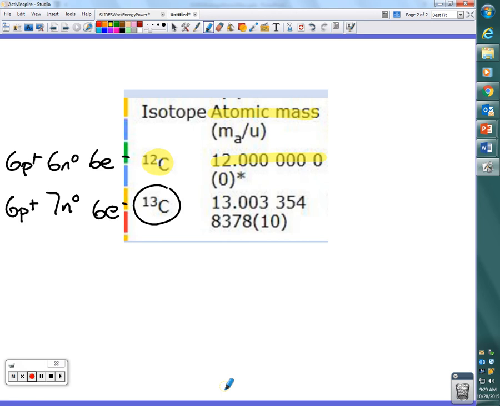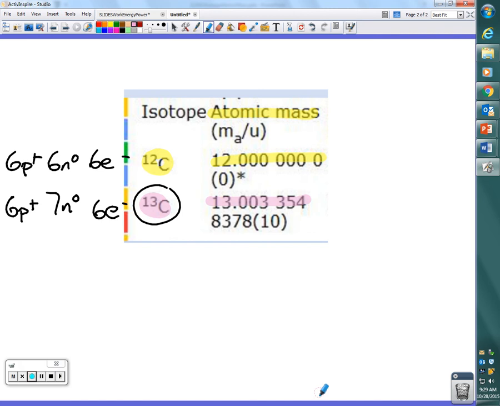Let's go generally. It goes up, right? So here's carbon 13. Here's its atomic mass, right? It goes up, and it goes up by about how much? By about 1, right? What's the only difference between a carbon 12 and a carbon 13 atom?